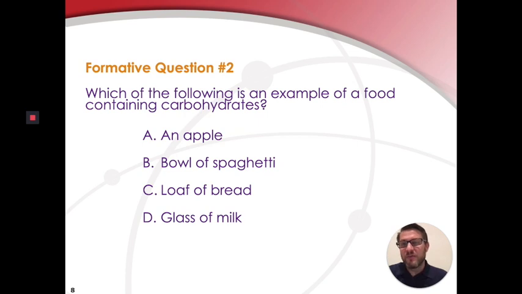And the problem with low-carb or no-carb diets is that lots of different things have carbs in them. Carbohydrates are not necessarily an evil thing, as some dietitians would try to convince you. Carbohydrates are a necessary component of a healthy body. The trick is making sure that you're getting the right kind of carbohydrates for what your body needs.